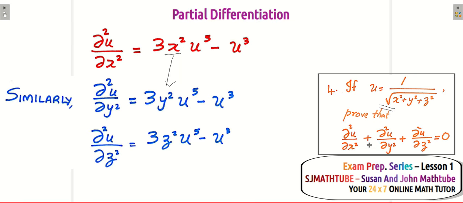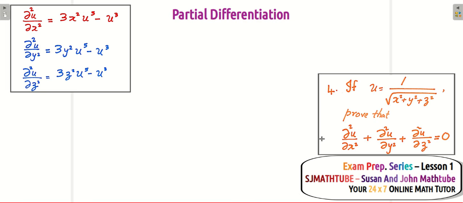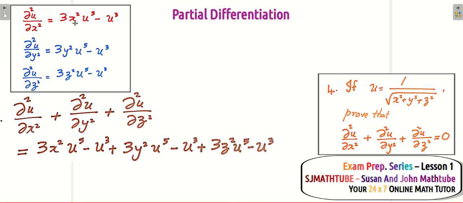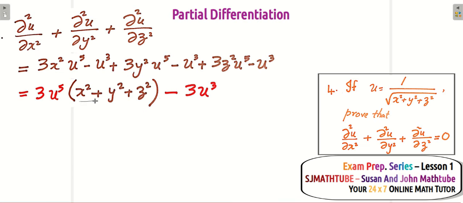And now let's add them up, because that is exactly what they asked us to do in the question. So once you add this plus this plus this, I hope you can notice that 3u to the power 5 is common, and I hope in the beginning of the question we found that x square plus y square plus z square is u to the power minus 2, or you can check it out over here.